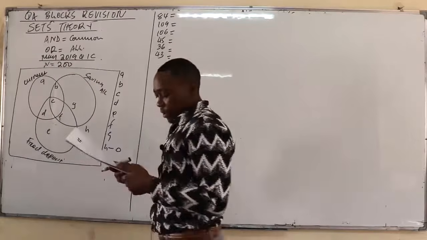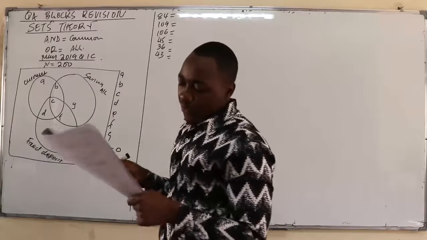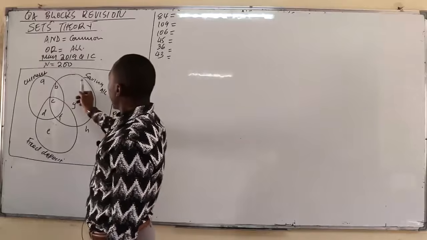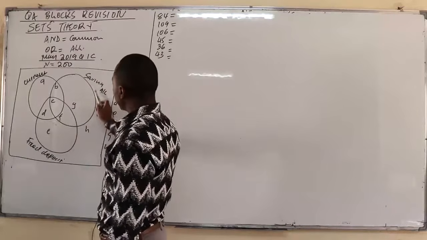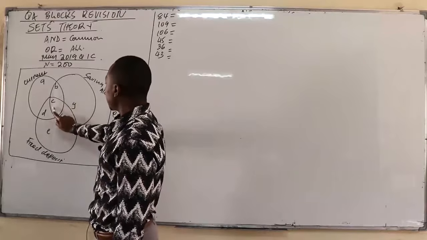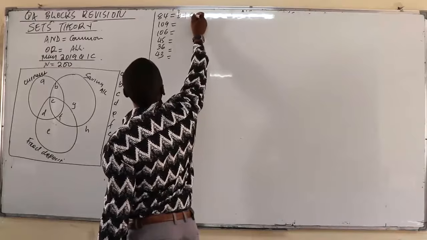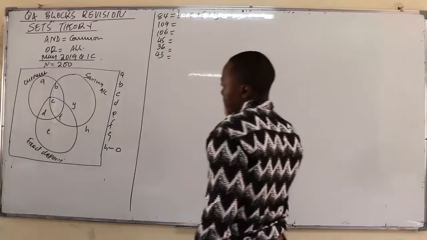So let's start with the first one. 84 customers operate a savings account. You take that circle for savings account, and all the members in the savings account are B, C, F, G.